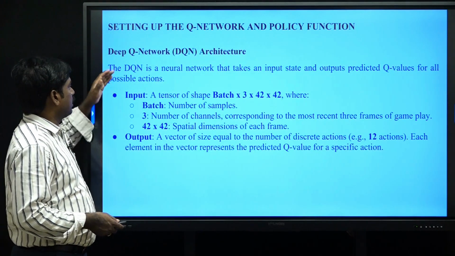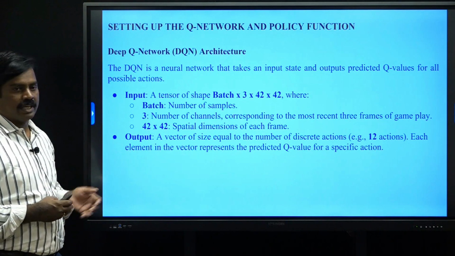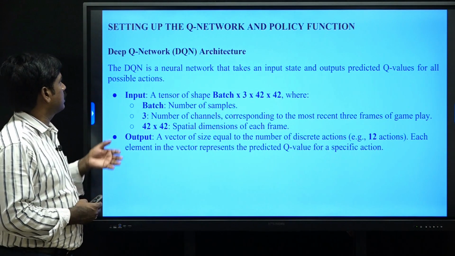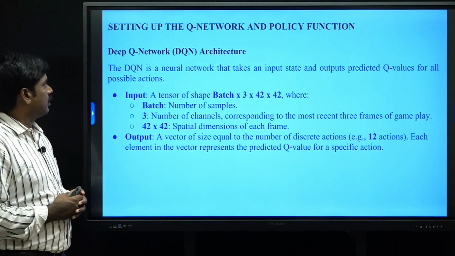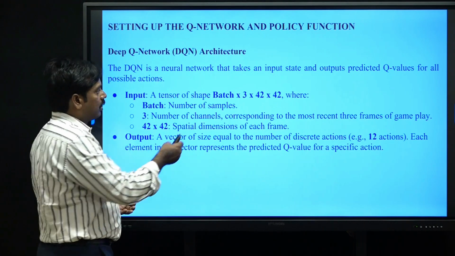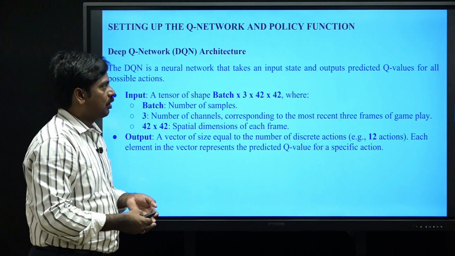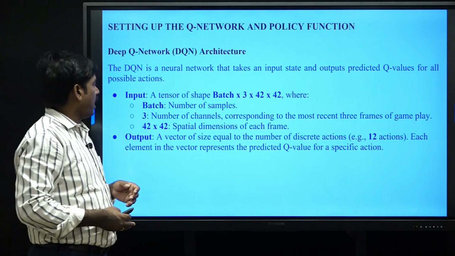In the deep Q network architecture, the network takes an input state and outputs predicted Q values for all possible actions.